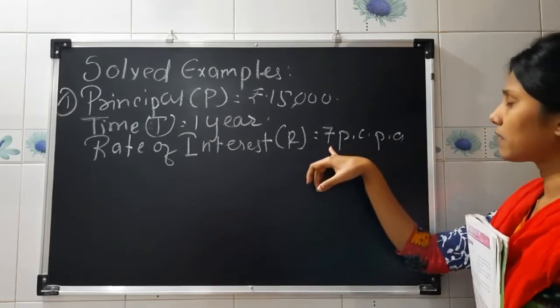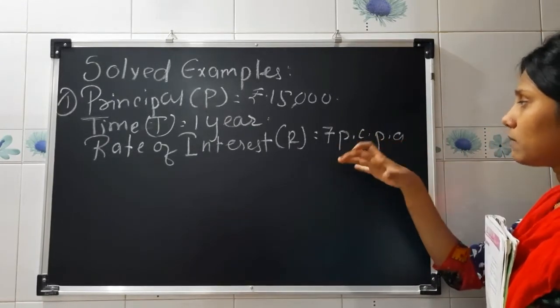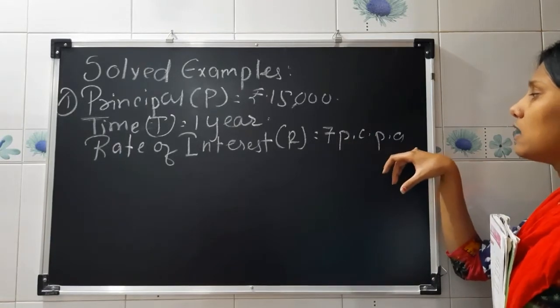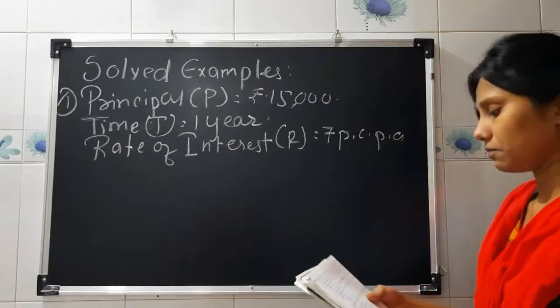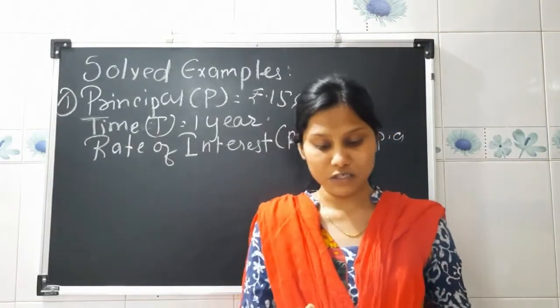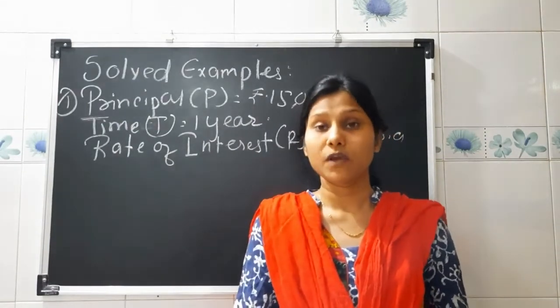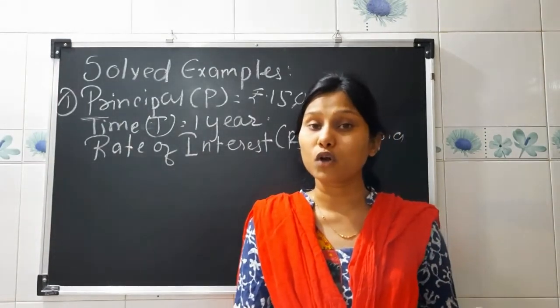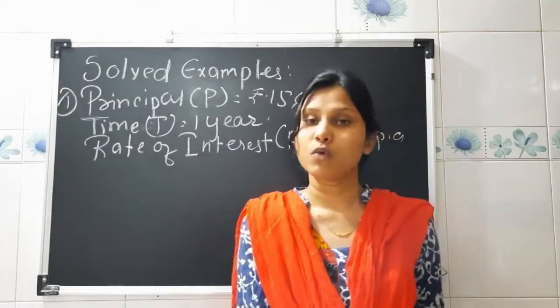This interest rate is for 1 year, on an annual basis, which is why it is called percent per annum. Now we have to calculate how much interest she will get at the end of the year, that is, the amount of interest she will get after 1 year.